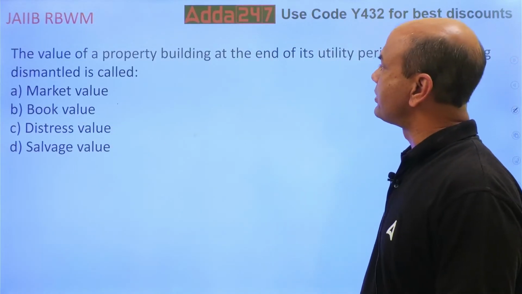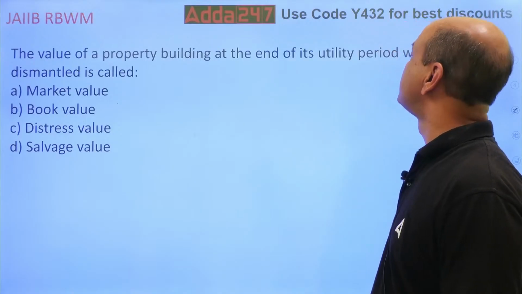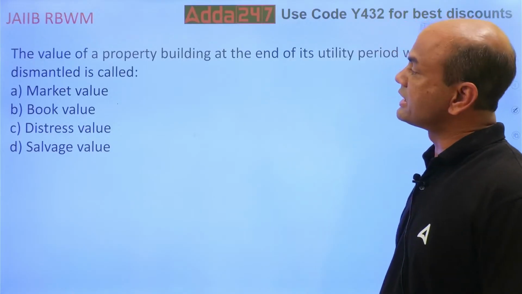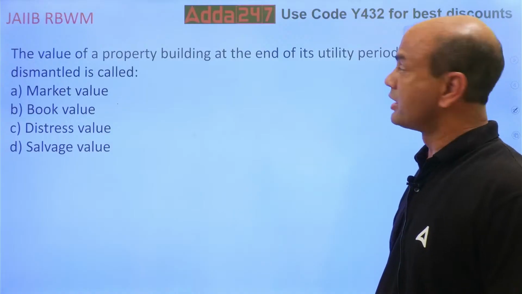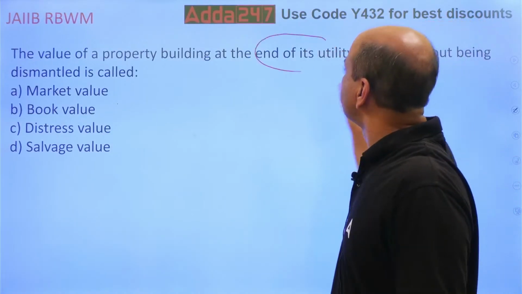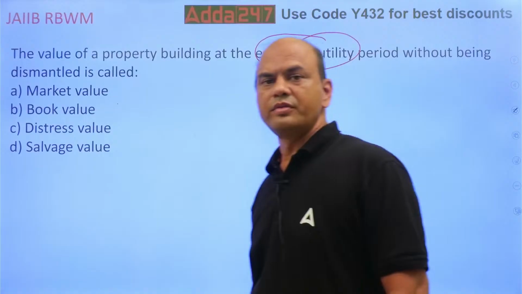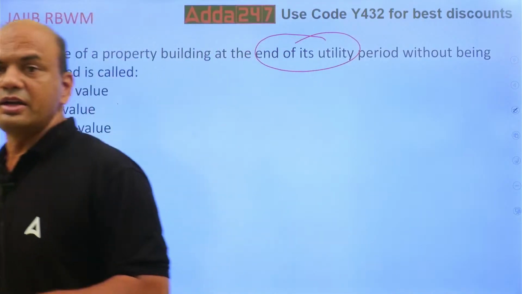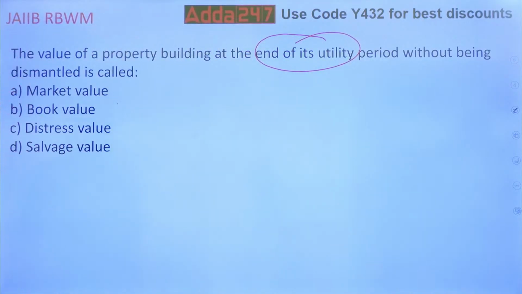The value of the property or building at the end of its utility period without being dismantled is called what? This is mainly used in depreciation. What is the answer for this?